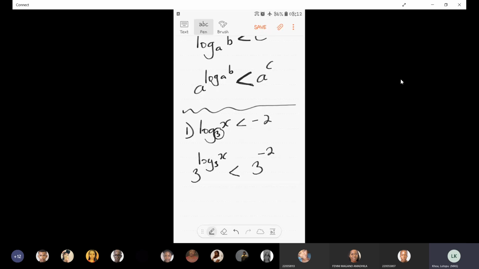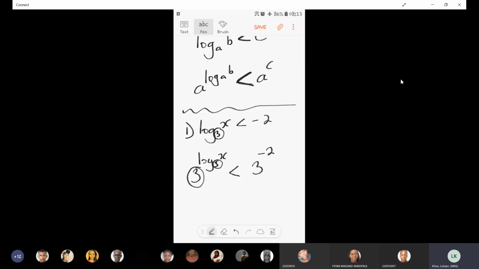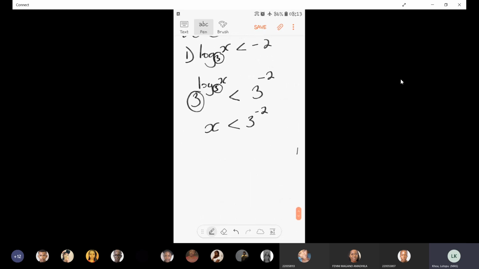Okay, then here the base of the logarithm over there is 3, so this is equal to x, from your laws of exponents. And then this is less than 3 to the power of minus 2. Now we know that 3 to the power of minus 2 is 1 over 9. So this is the first part of your solution.